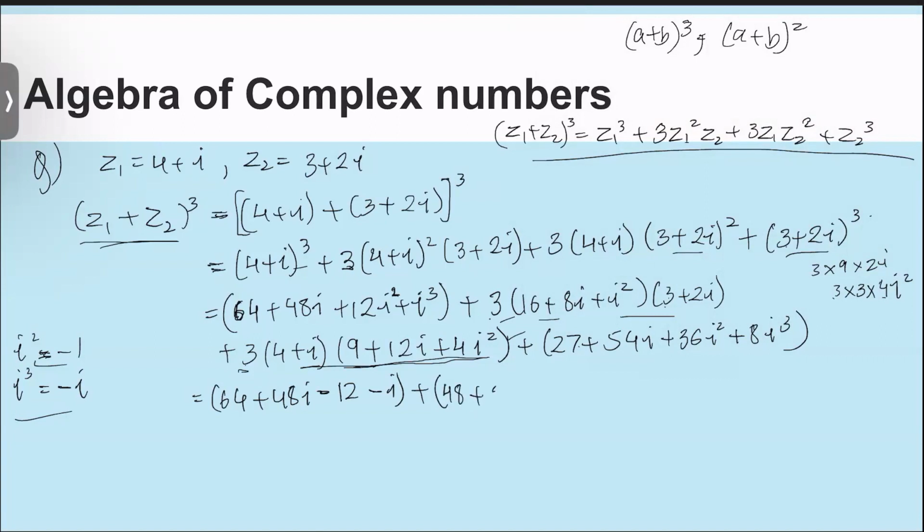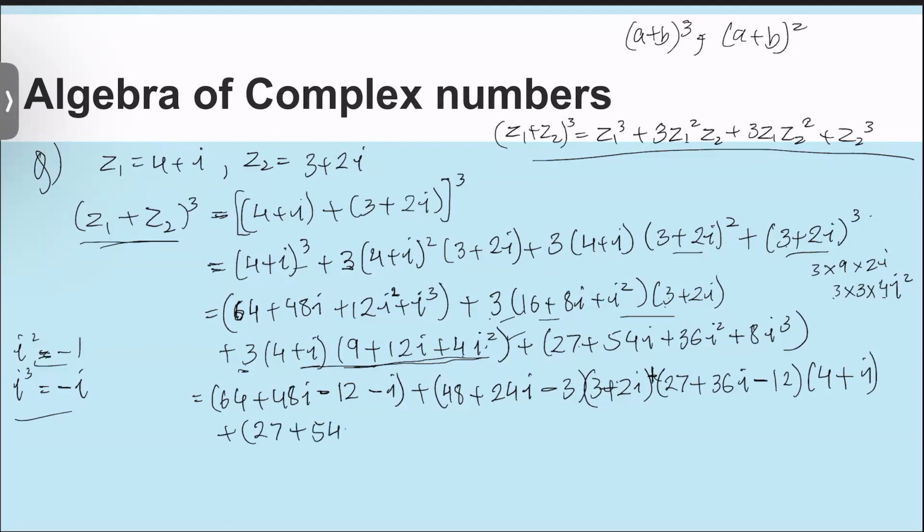So you have 48 plus 24i minus 3 plus 2i. Sorry, there will be a plus sign here. So you have 27 plus 56i, minus 12, and 4 plus i. And here 27 plus 50 plus i minus 36. And you have minus 8i.